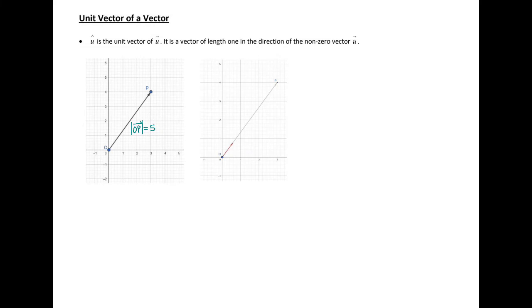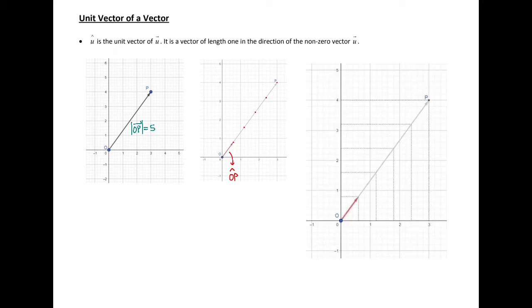Unit vector U is a vector of length 1 in the direction of the non-zero vector U. Using the previous example, we know vector OP is having a magnitude of 5, and I want to find the unit vector of OP. This implies that we have to cut the vector OP into 5 equal pieces, such that the first piece will become our unit vector OP because it has length of 1.